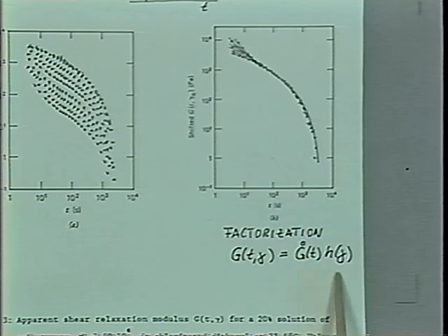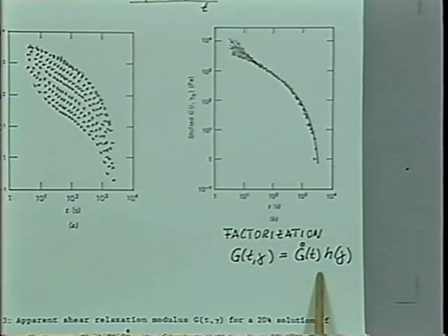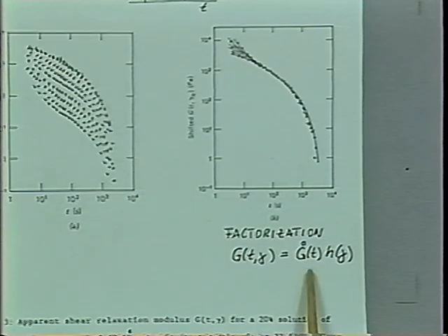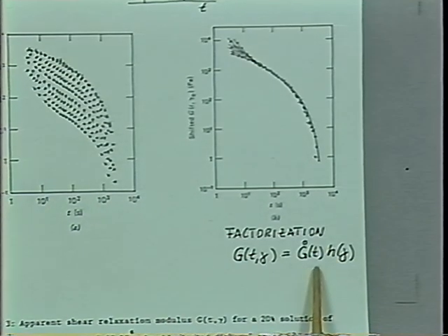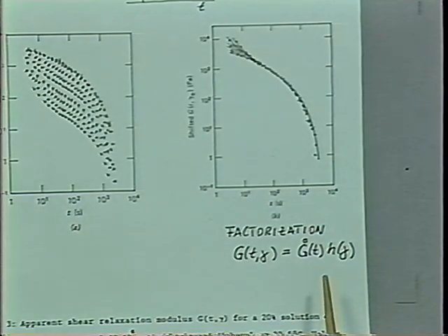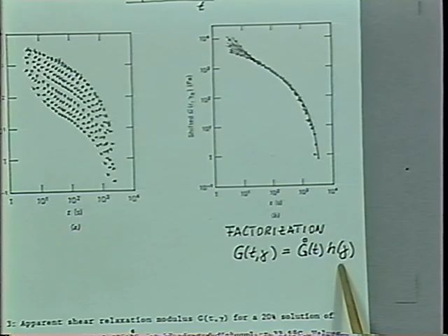We are calling this the factorization, describing a strain and time dependence in a set of two individual functions. It has the advantage that we know already the time dependence because we can measure that in linear viscoelasticity. So we are already halfway towards a good constitutive equation. We only would have to know the strain dependence.